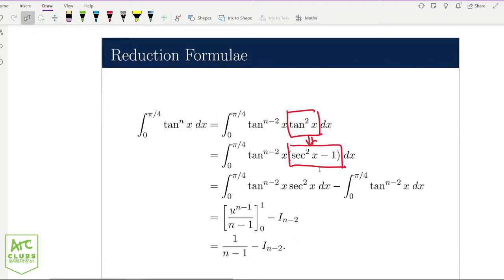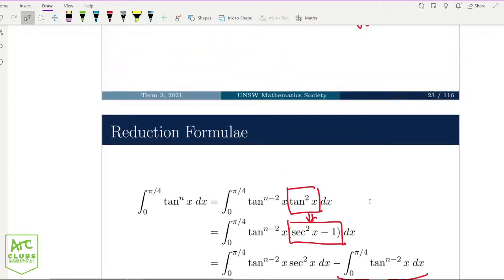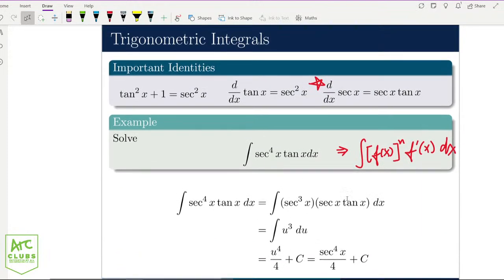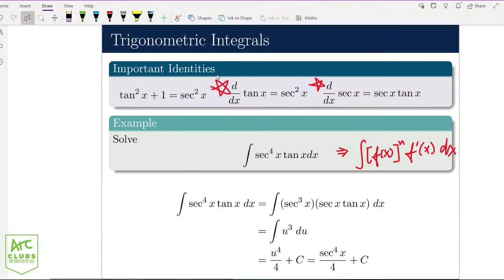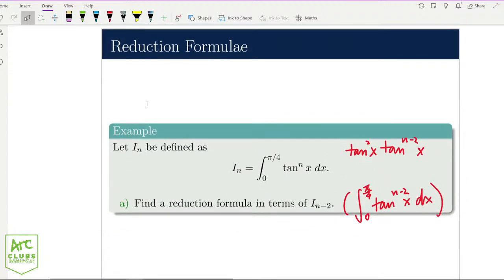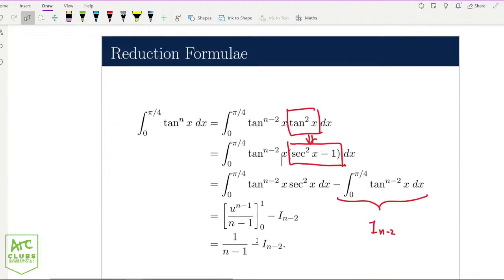We can expand this so that we end up with this term over here, which is exactly what we want, and this term is easy to integrate because of this identity. So you really have to be familiar with all your trig identities in order to see the pattern in reduction formulae straight away. And so you end up with this expression over here as your final answer.